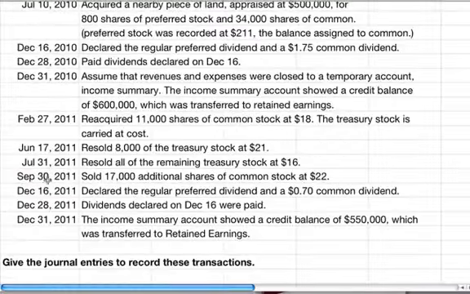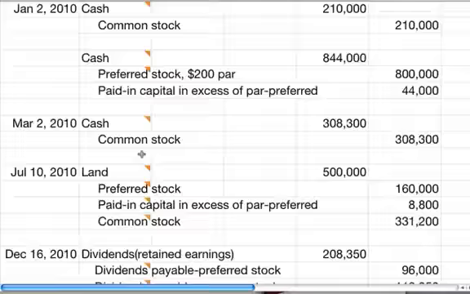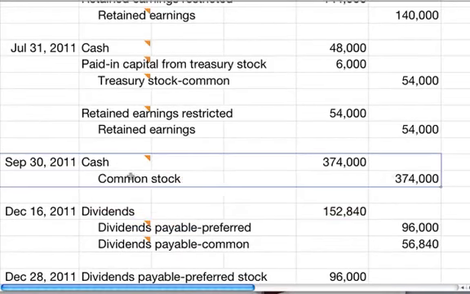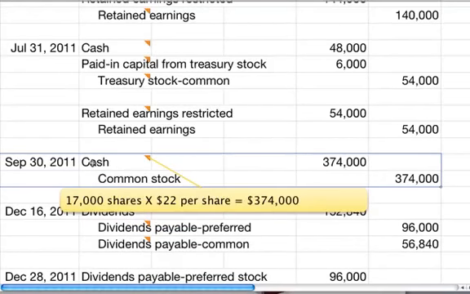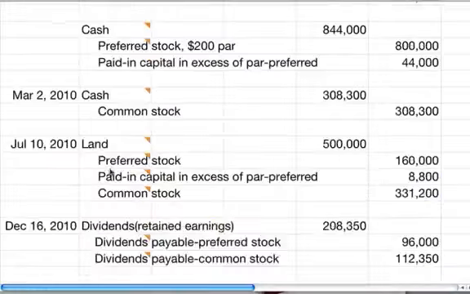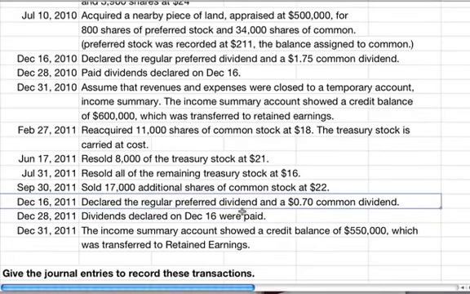So our next transaction happened on September 30th. We sold 17,000 additional shares of common stock at $22. That's just a straightforward stock sale. Debit cash for $374,000 and credit common stock for $374,000. On December 16th, we declared the regular preferred dividend again and a 70-cent common dividend.